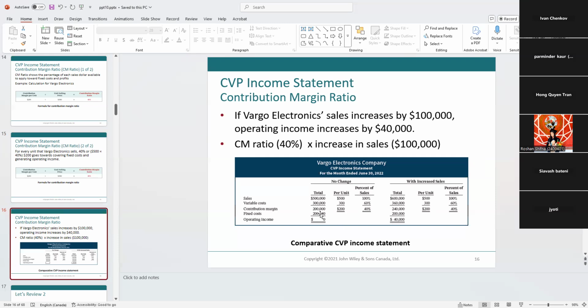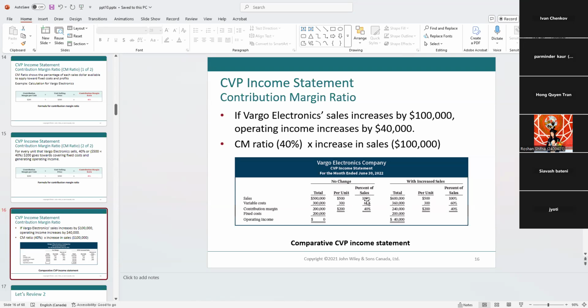And since at this point they're covering their fixed cost, that means this 40% is going to flow into operating income. Proof: from 500 we're moving to $600,000. Increase of $100,000. Contribution margin increases by $40,000, which is 40% of $100,000. And since the fixed costs are already covered, that $40,000 is going to go directly to operating income.